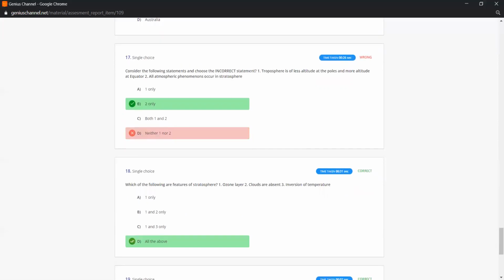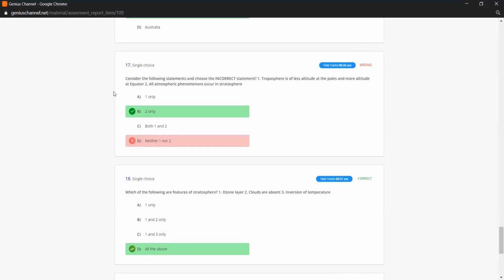Then consider the following statements and choose the incorrect statement. Look at this, they are asking which is incorrect. The troposphere is less in altitude at the poles and more in altitude at the equator.